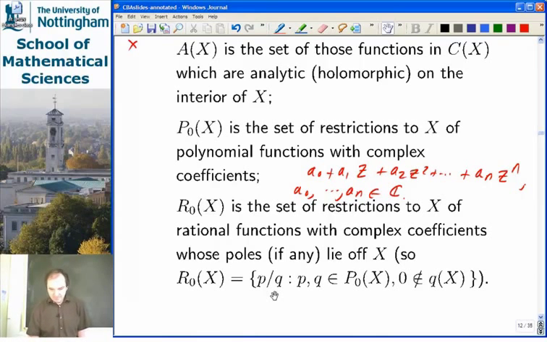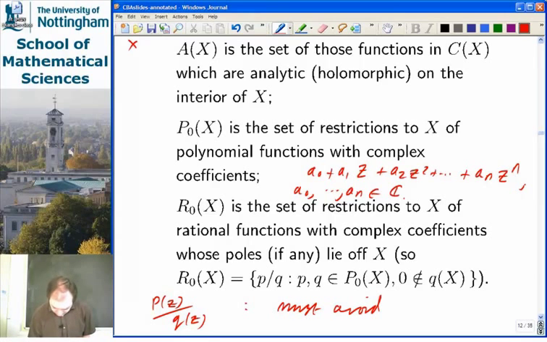So you want to have P of z over Q of z, where P and Q are polynomials, but must avoid division by 0.